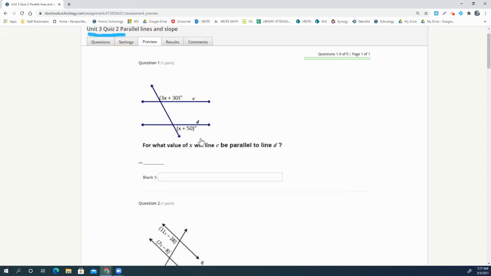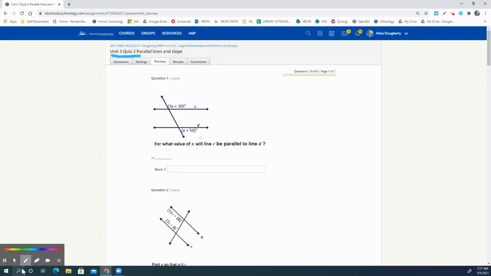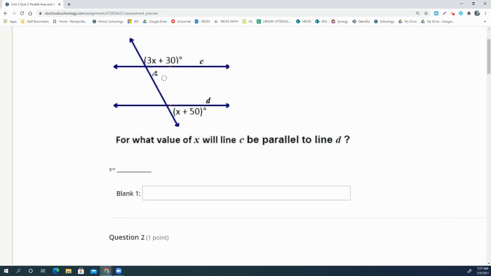So in question number 1, we've got same side interior angles, or same side exterior angles. What are we going to do with these expressions? Set them equal or set them equal to 180? 180, Kylie says. I agree.